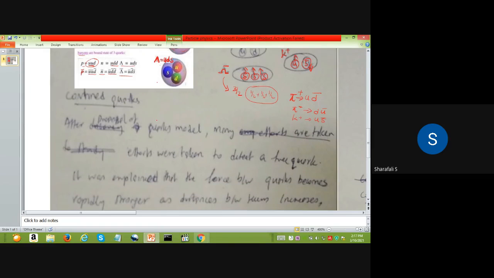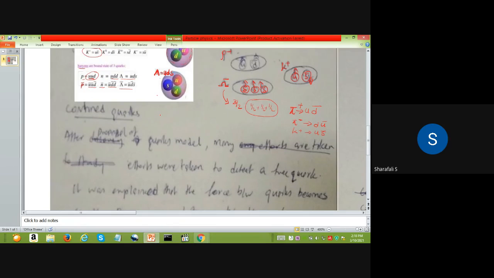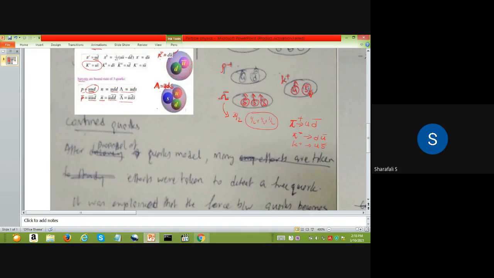Now for confined quarks, how does the confinement happen? If you consider the quark model, we have different scenarios for mesons and baryons. Quarks are the fundamental or elementary particles which form baryons and mesons. Is it possible to separate a quark from this particle?